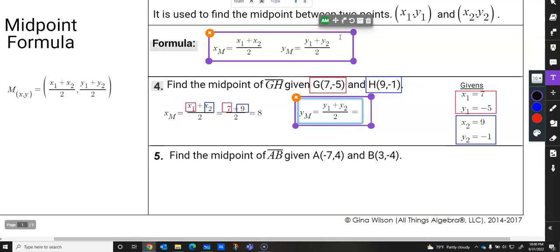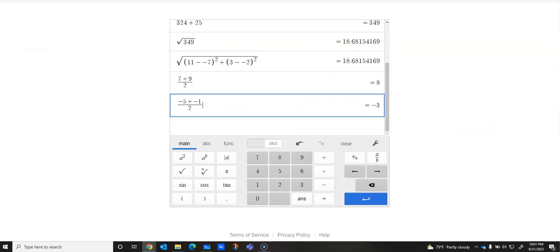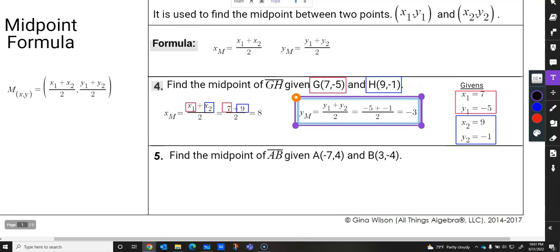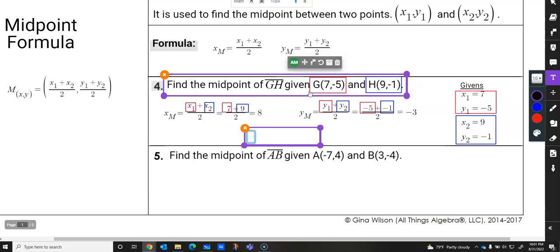Again, we're going to set that equal to -5 plus -1, and that's going to be over 2. -5 plus -1 is going to be -6, and when we divide that by 2, we get -3. So the midpoint of this line segment GH is going to be 8, -3. And remember that is going to be with a comma, and there needs to be parentheses around it.